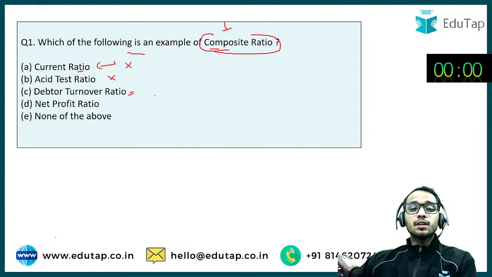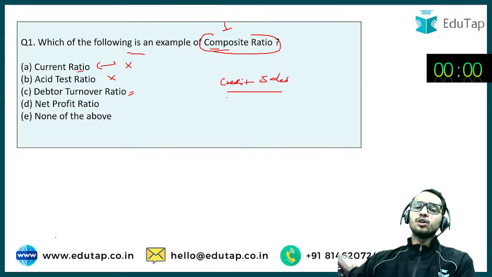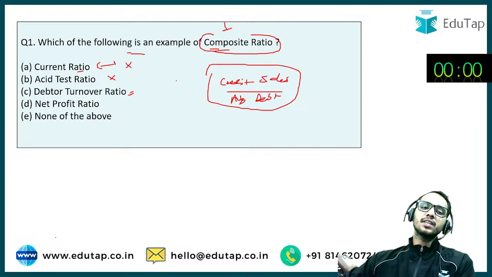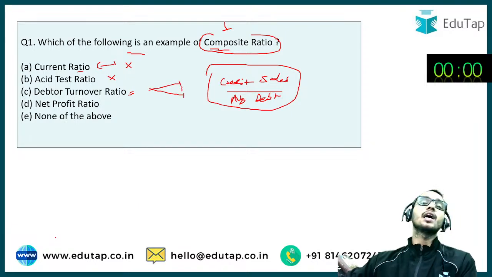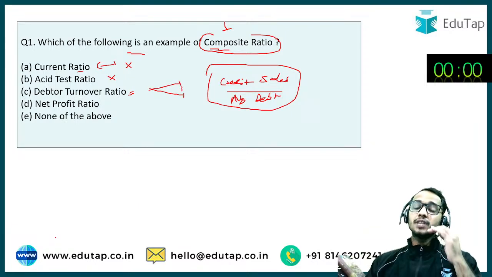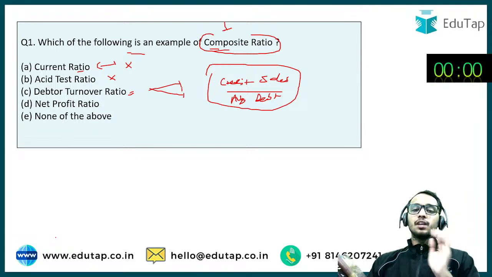Debtors turnover ratio. Now this is your composite ratio. Why? Because in the numerator you take credit sales, and in the denominator you take average debtors. You know the logic now of how to remember the formula. Debtors turnover ratio means you are trying to find out how much debtors have been turned over in a particular year.